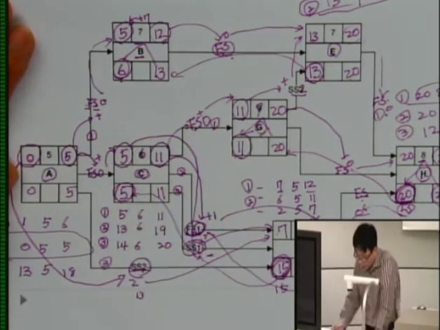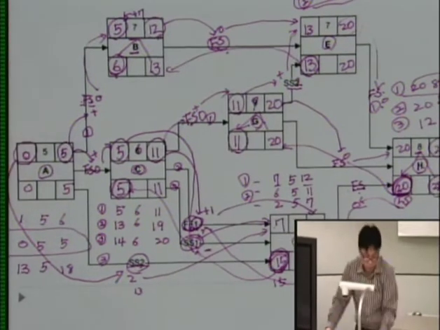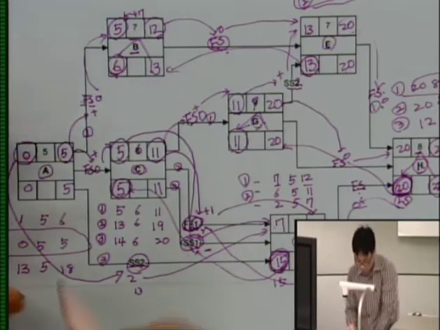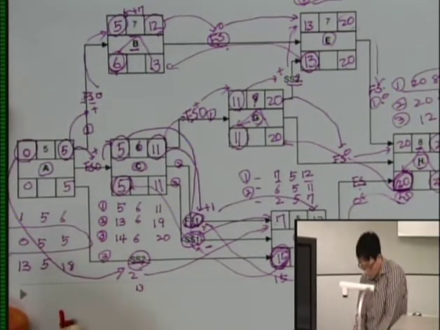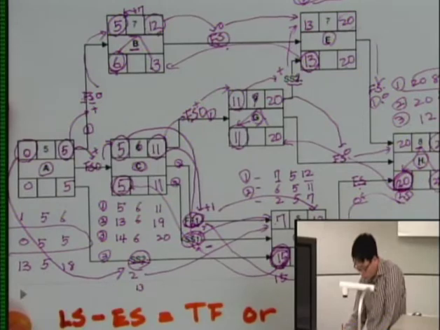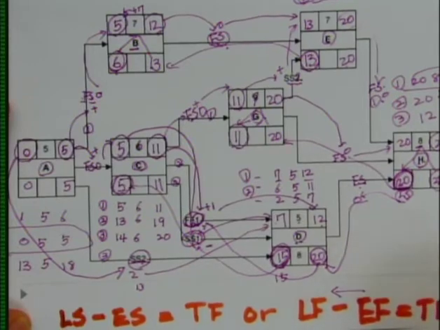So let's look at how you can calculate total float. The way to calculate total float is very simple. It's late start day minus early start day that becomes your total float, or late finish minus early finish will be total float.